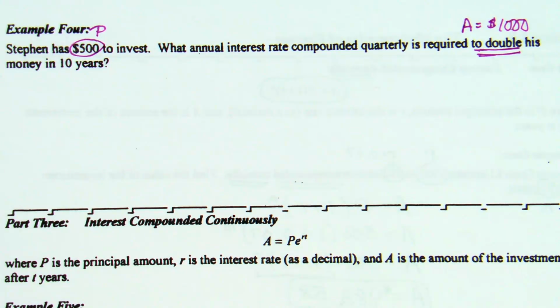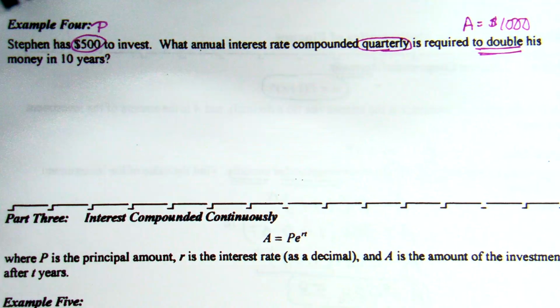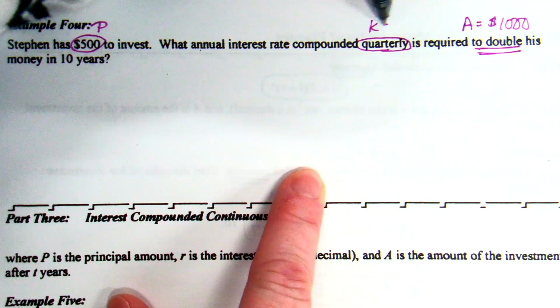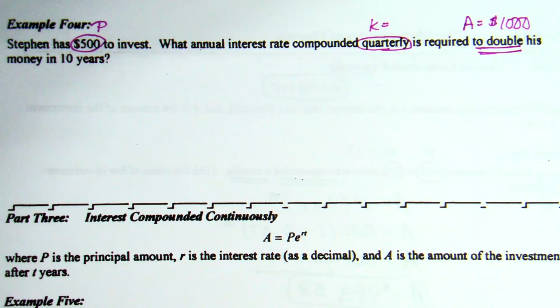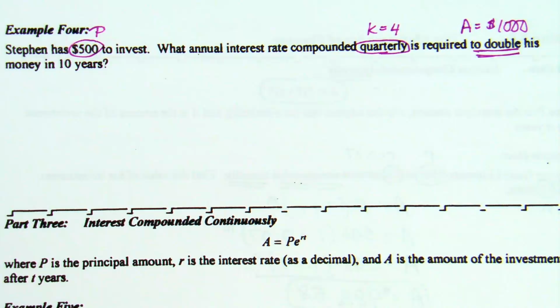Okay, what else? Compounded quarterly, which means what? How many times a year is something done if it's done quarterly? 4 times a year. If you're breaking something up, you're breaking it into fourths.